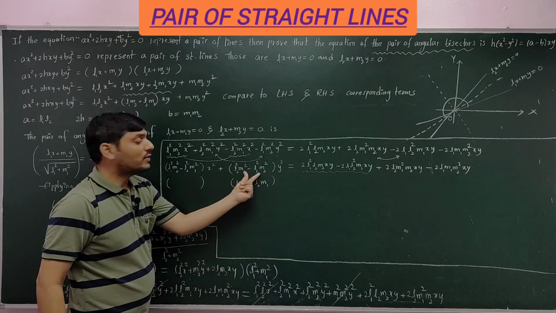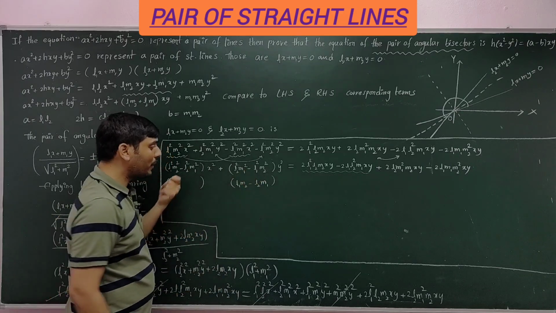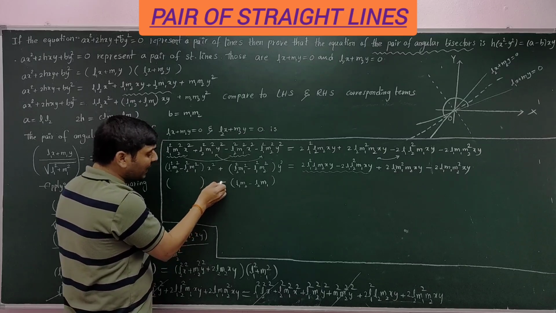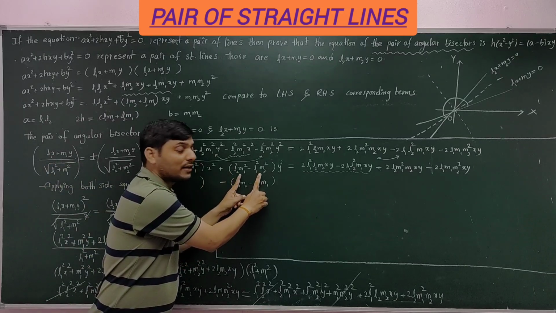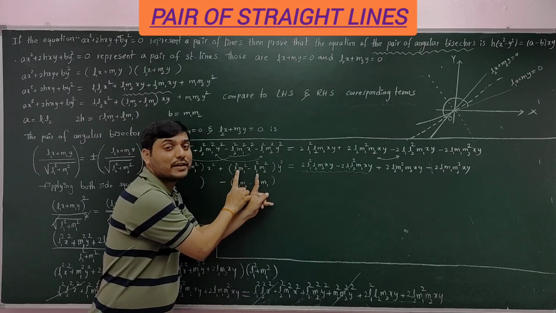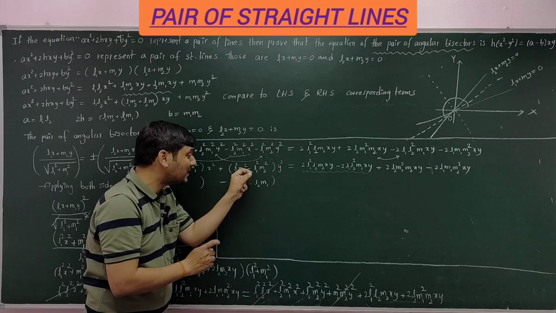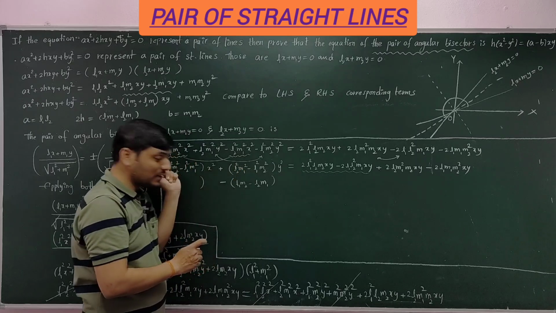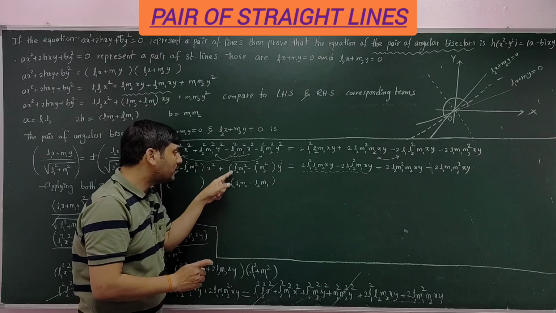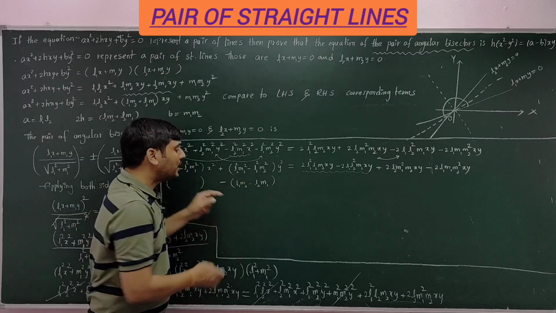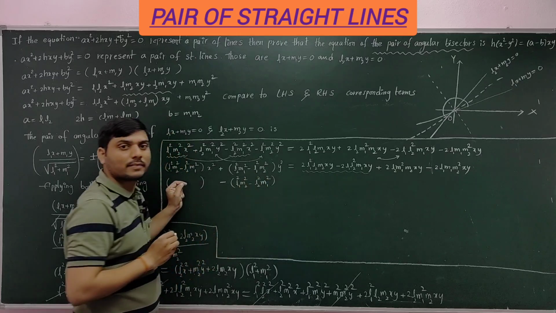I am changing these two places, and whenever two places are interchanged, minus becomes common. Whenever it is minus you write positive, and when it is plus you write negative, and each and every term has a square.